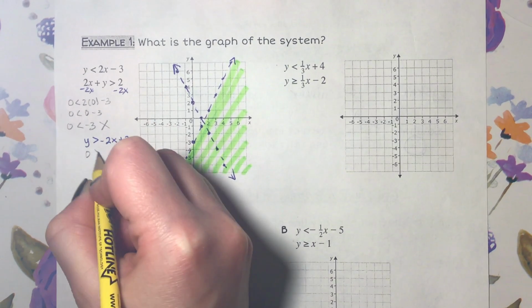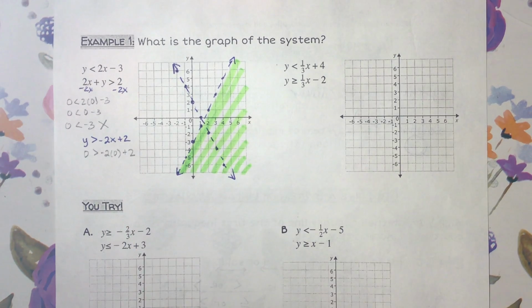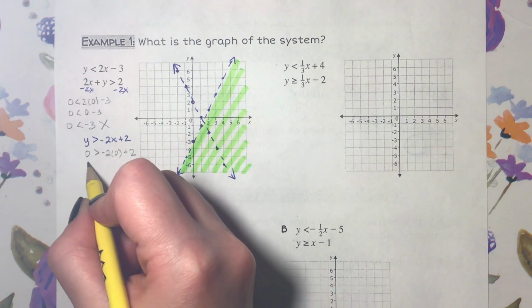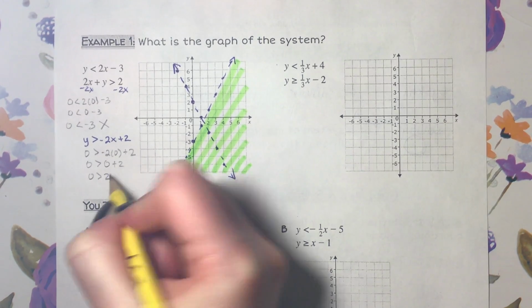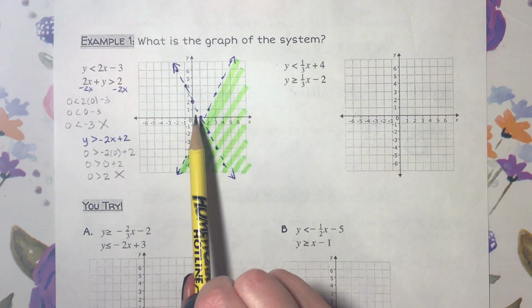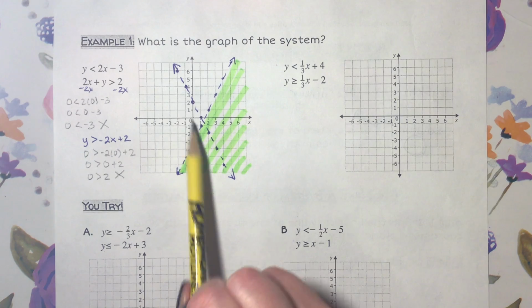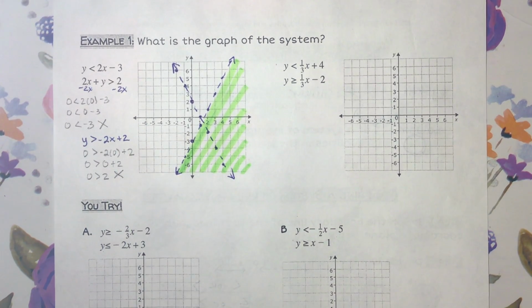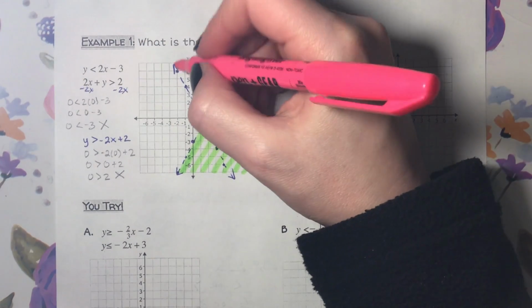So this is going to be 0 is greater than negative 2 times 0 plus 2. Is that true? I have 0 is greater than 0 plus 2. 0 is greater than 2. No, that is not true. So this point right here, 0, 0, is not a solution to that inequality. So I'm going to shade on the opposite side of that, or up here.